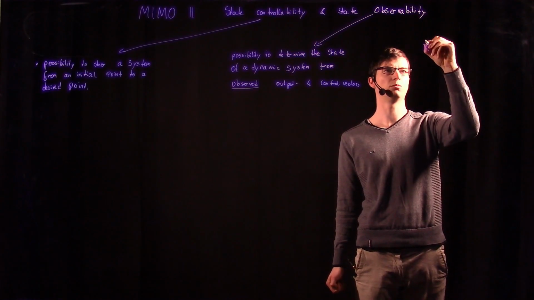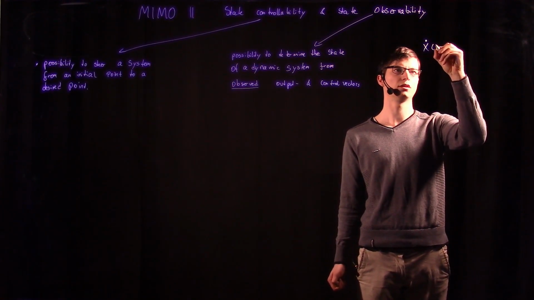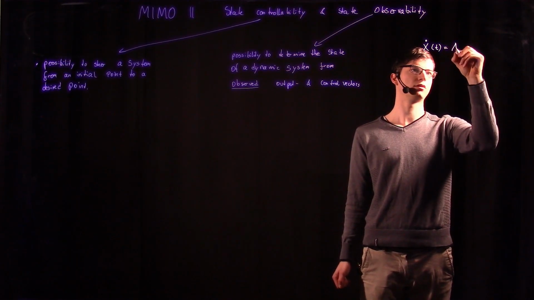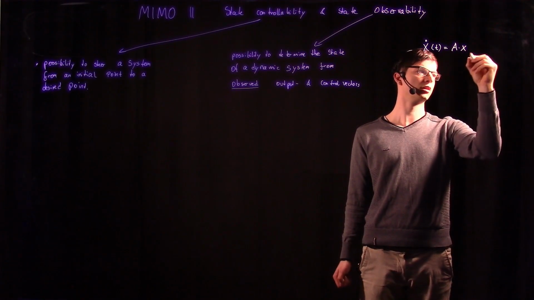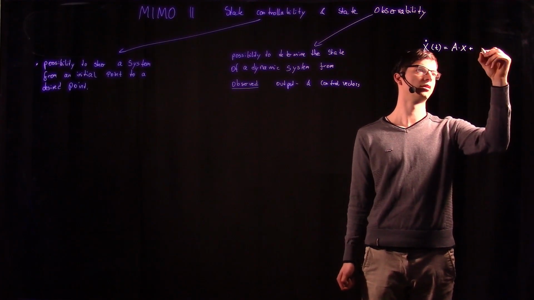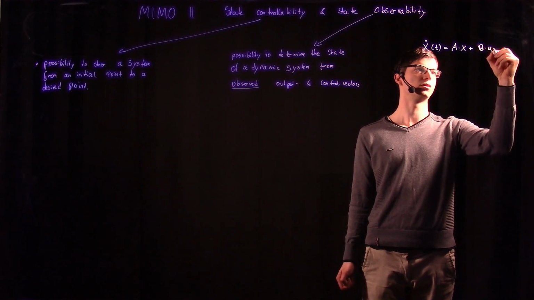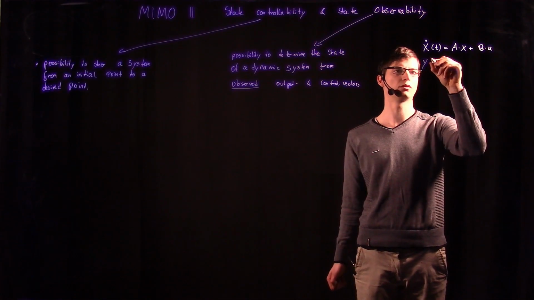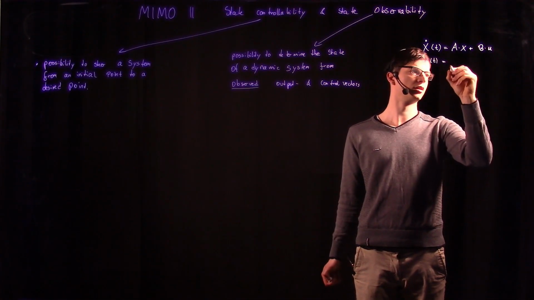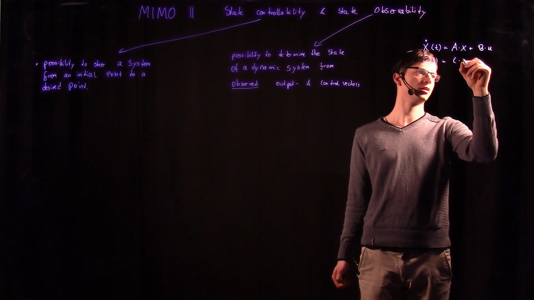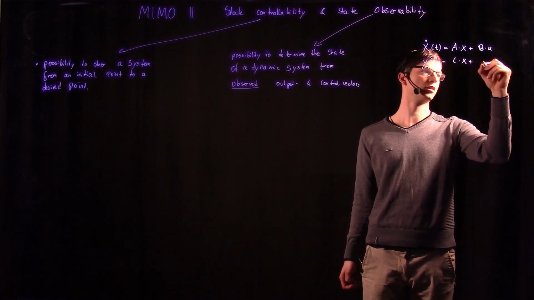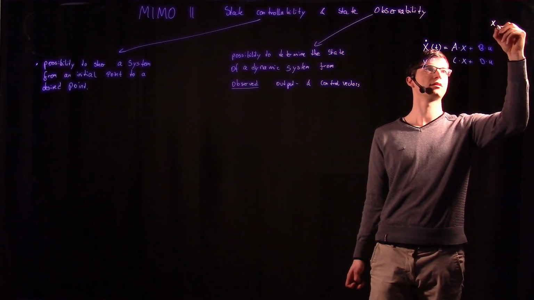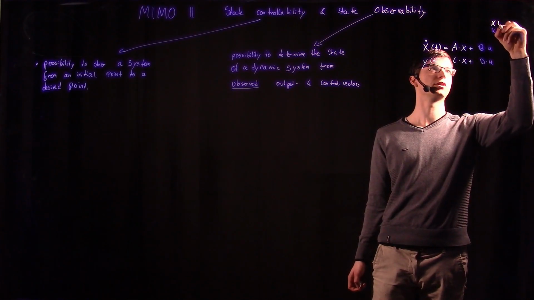The state representation is shown in the literature and here as well: x dot equals A times x plus B times u, and y, the output vector, is C times x plus D times u, where x and u are both time dependent.